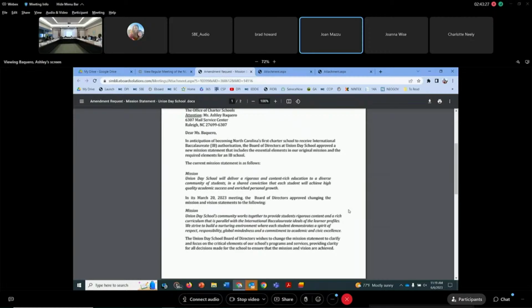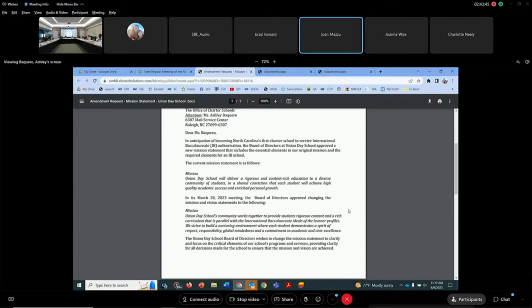We have always wanted to be, it's in our charter, an IB MYP, which is the Middle Years Programme. It's grades 6 through 10. And then the DP authorization, which is the diploma authorization, is grades 11 and 12.